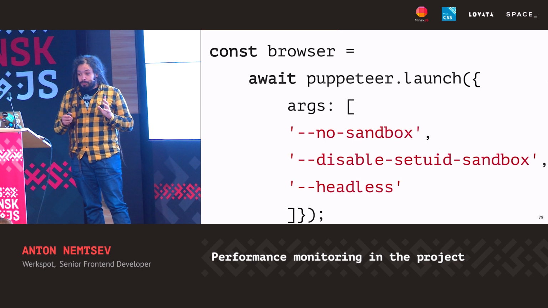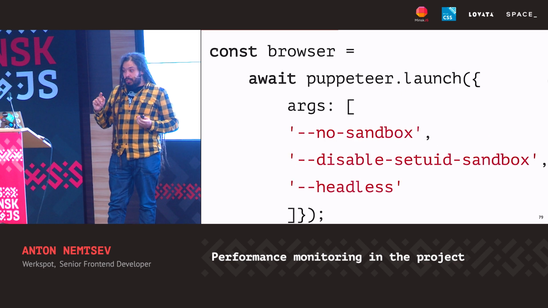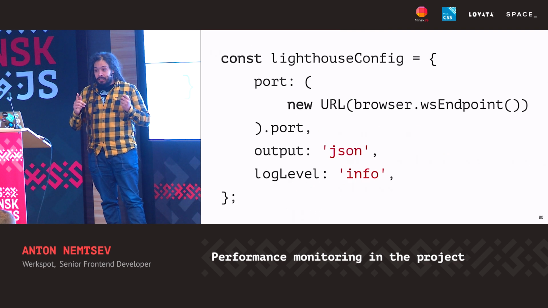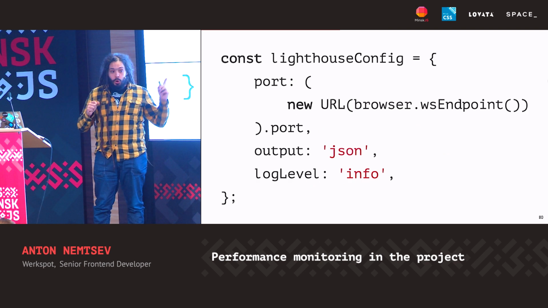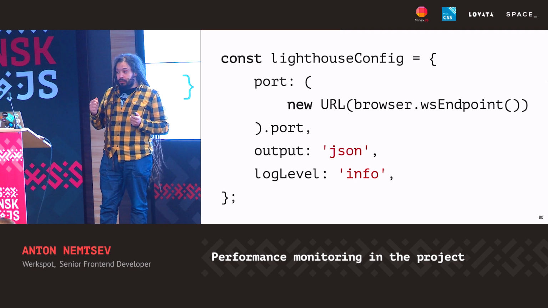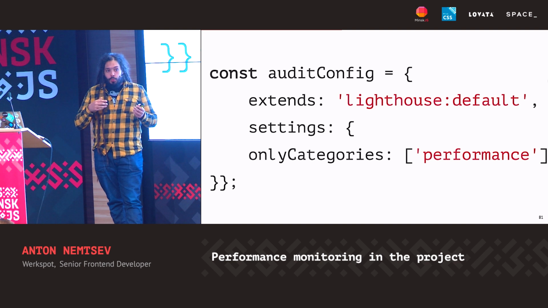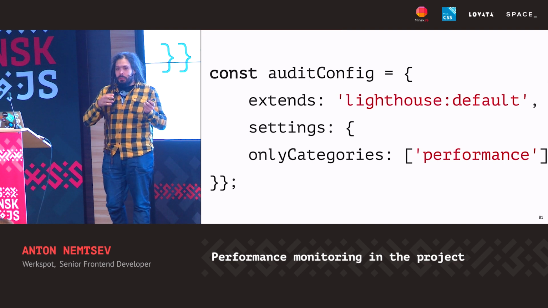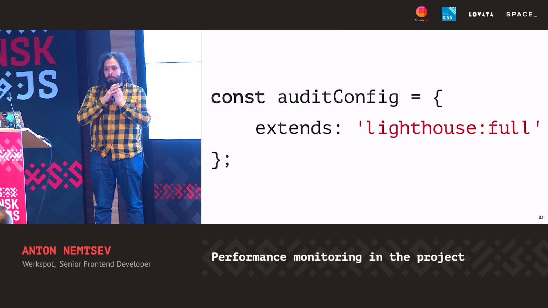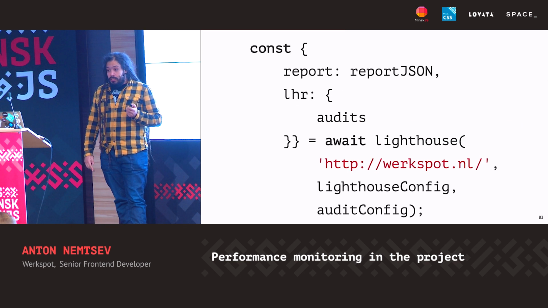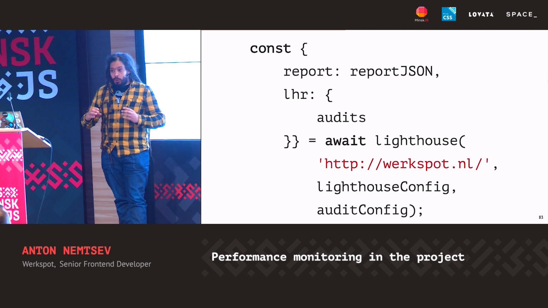Install it, and in your script, launch Puppeteer in headless mode, then pass to the Lighthouse config the port on which you run Puppeteer, write to the audit config what you want to get, something specific, or maybe just plain all the data you need, and then, well, run Lighthouse against each one of your URLs.